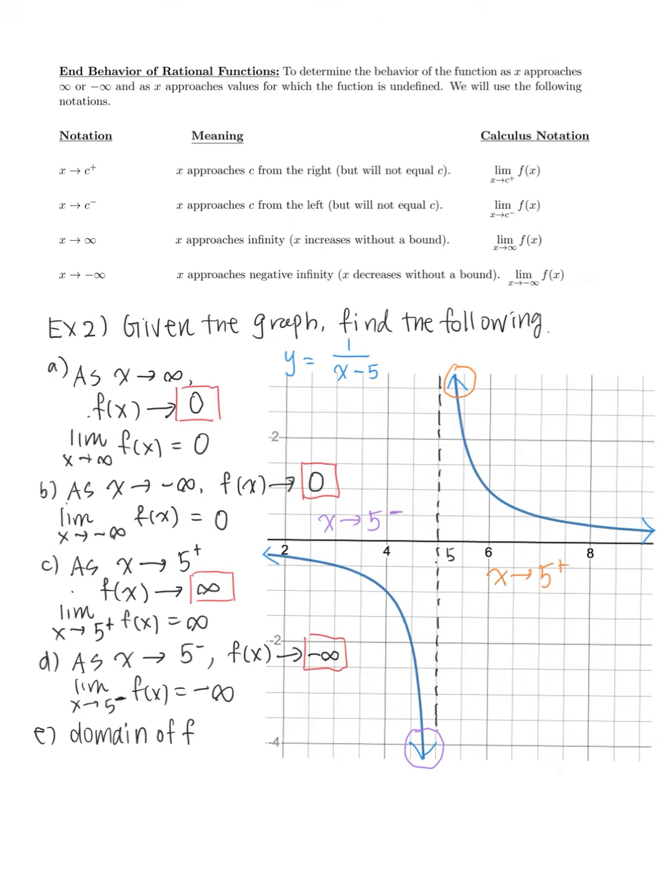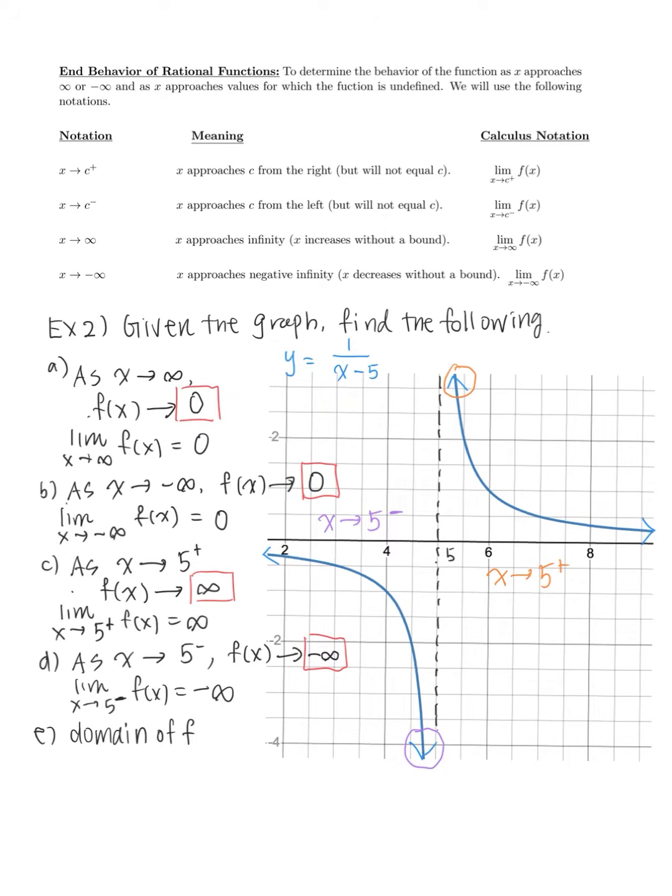Next question is, find the domain of f of x. So remember, the domain values are all the x values, right? So basically what you need to do is pluck out all the x values where the graph is defined. So these are my x's, and then your graph is defined from negative infinity all the way up to 5. But it's never going to touch this vertical asymptote here.